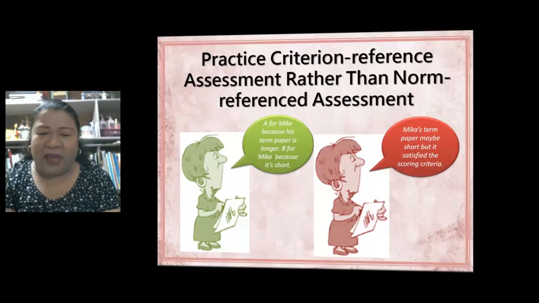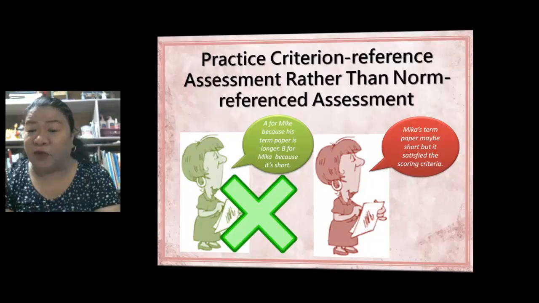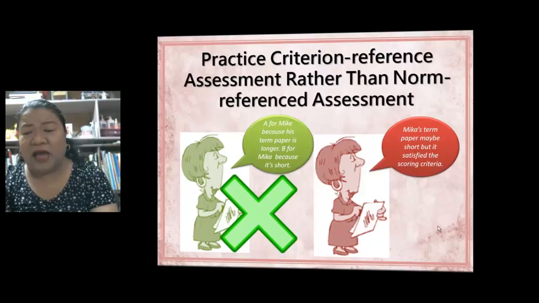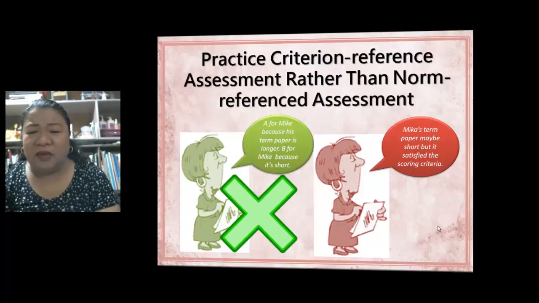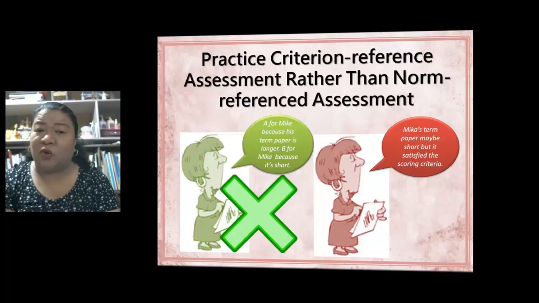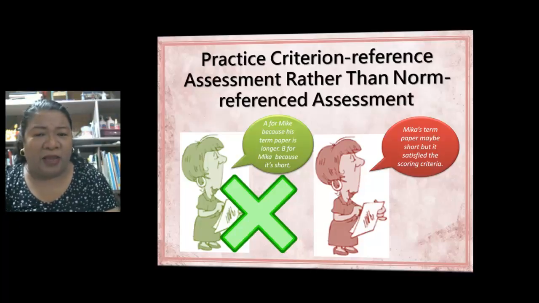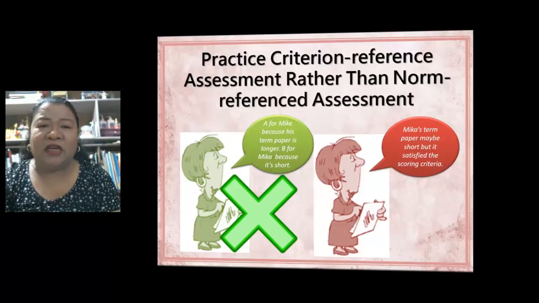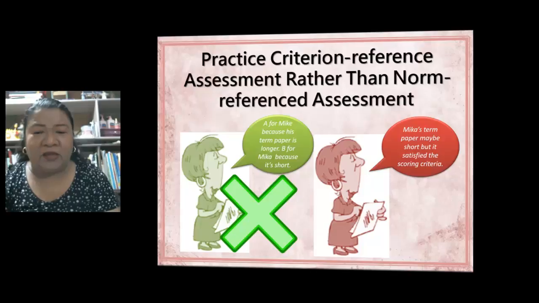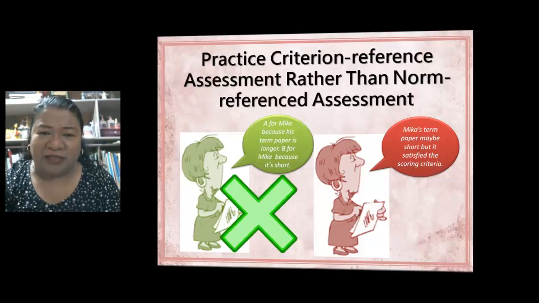And this will not be very motivating for the students. On the other side, the teacher says Mika's term paper may be short, but it satisfied the scoring criteria. So she's not comparing it with anyone or the performance of the group, but she is scoring it based on a criteria, and that is criterion reference.